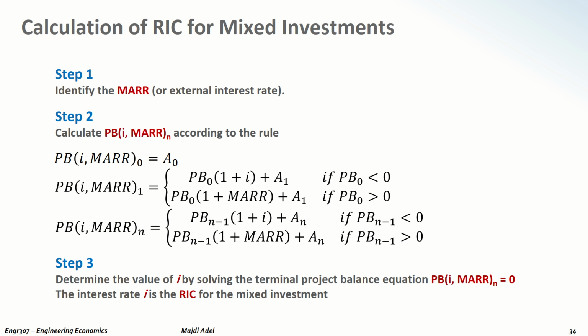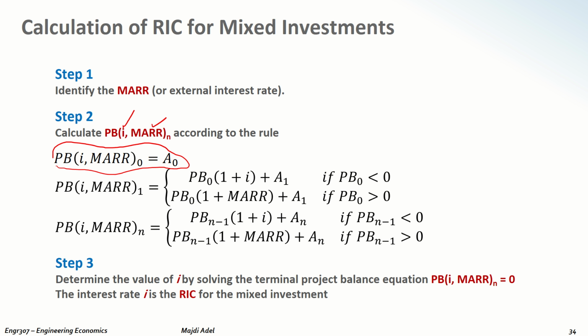for each year. Okay, and the project balance, at certain times of the project life, may be calculated at the internal rate of return, which we will now call I, the interest rate, or based on the minimum attractive rate of return. And remember that the project balance at the first year is always equal to A1.